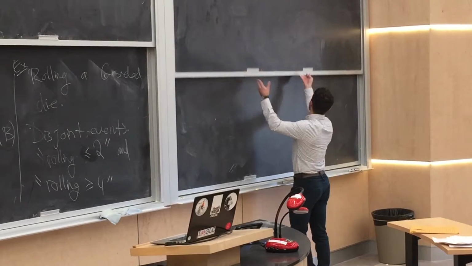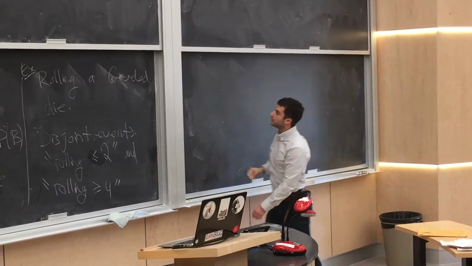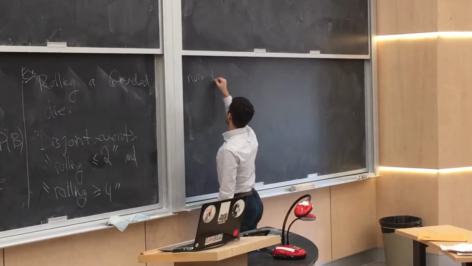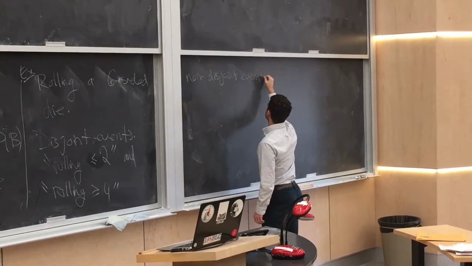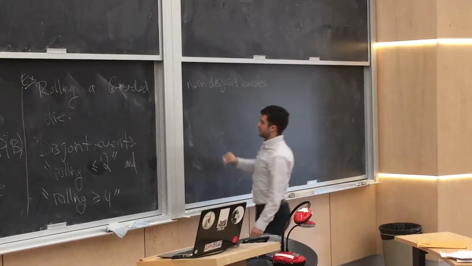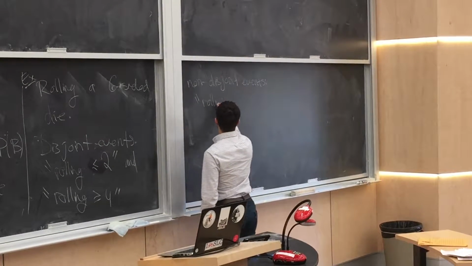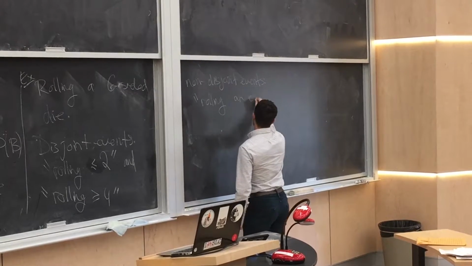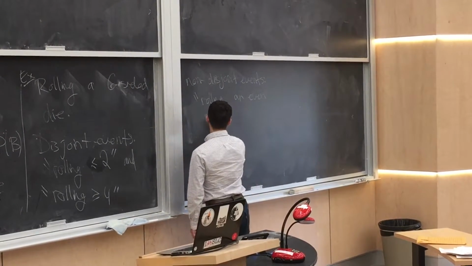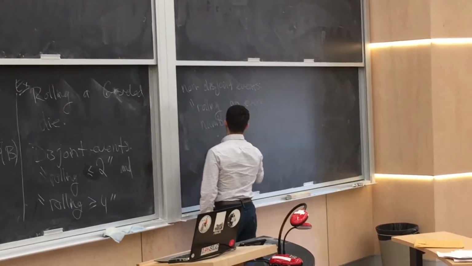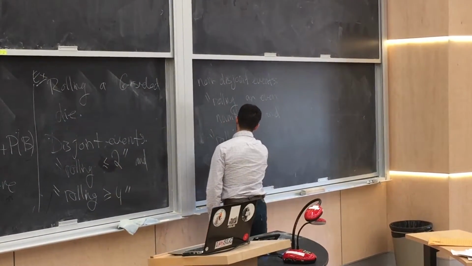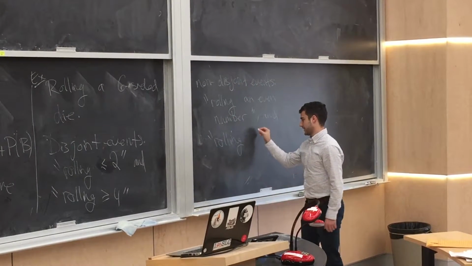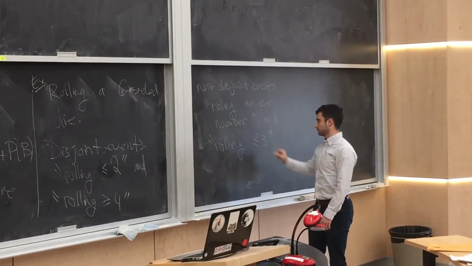An example of some events that are not disjoint would be rolling an even number and rolling, let's say, less than or equal to 3.